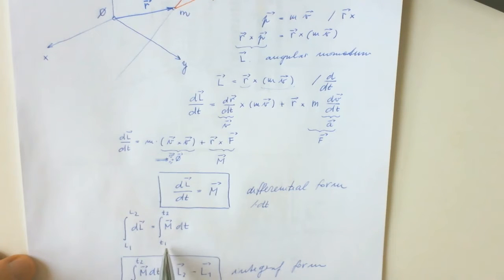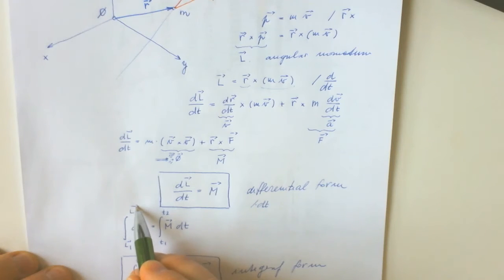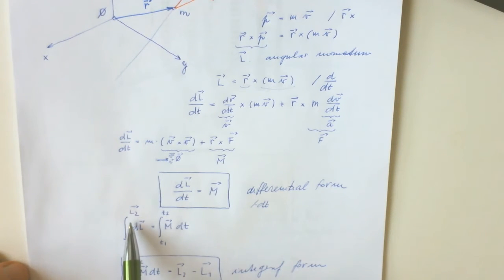If we make an integration from time 1 to time 2, at time 1 the angular momentum in state 1 was L1, and here the angular momentum in state 2 is L2.